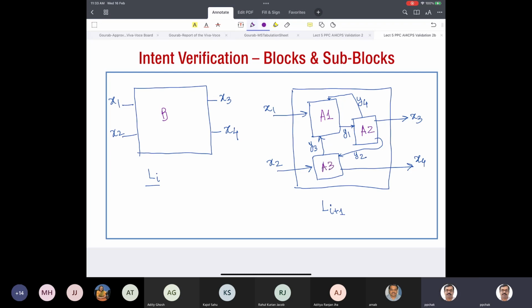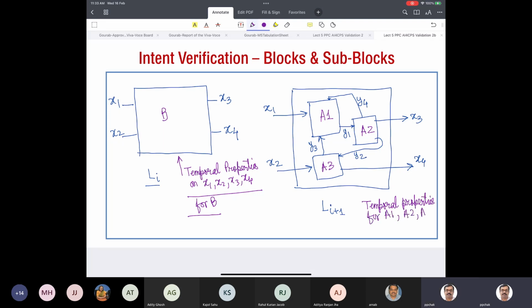I will write temporal properties on X1, X2, X3 and X4 at this level for B. In addition, I will write temporal properties for A1, A2 and A3.